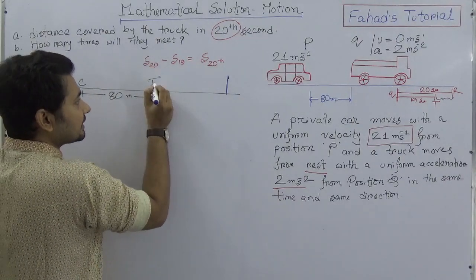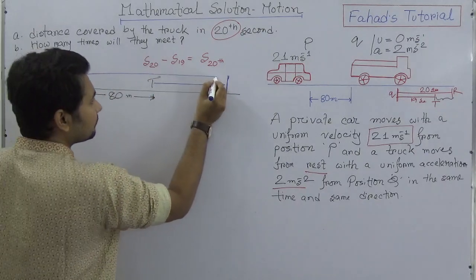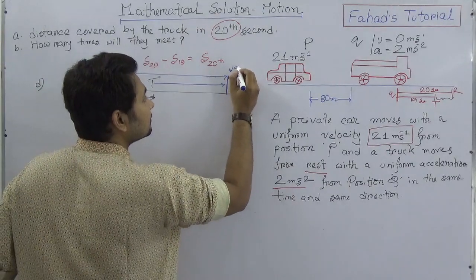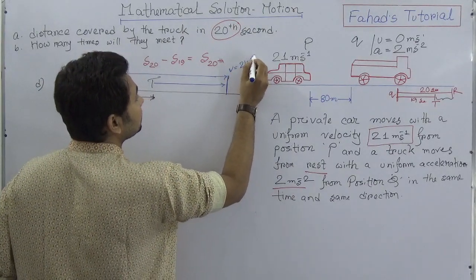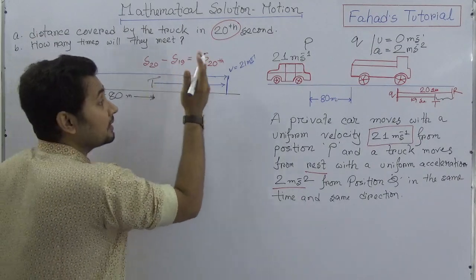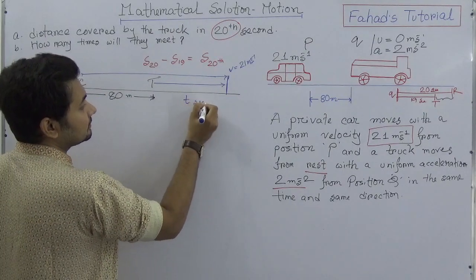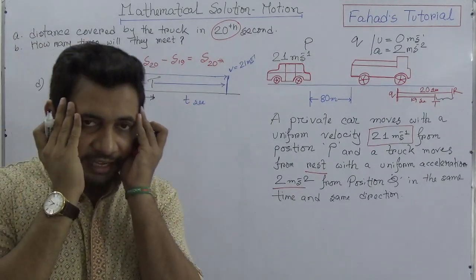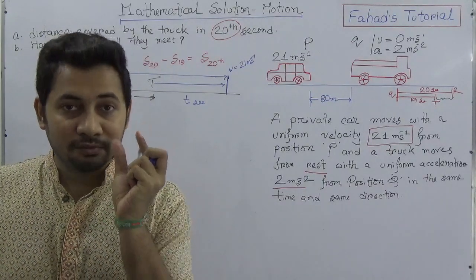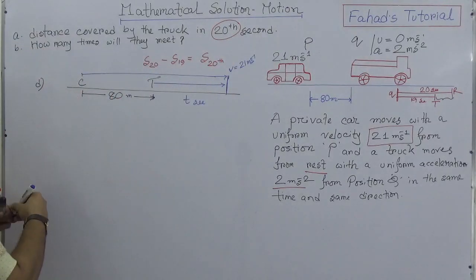Within t seconds this truck will come here and the car will also come here. So I'm imagining a point, the t point, that is the amount of time required for them to reach here.